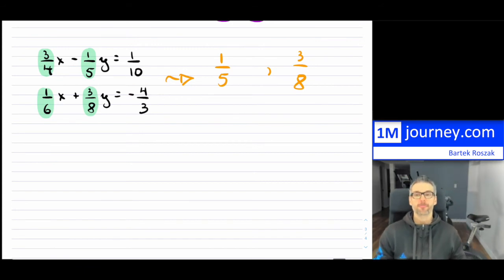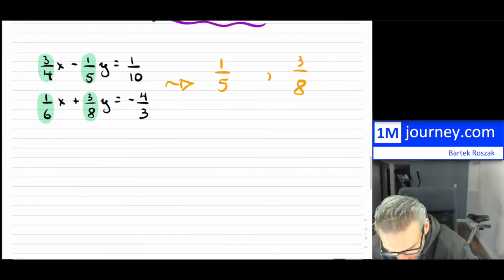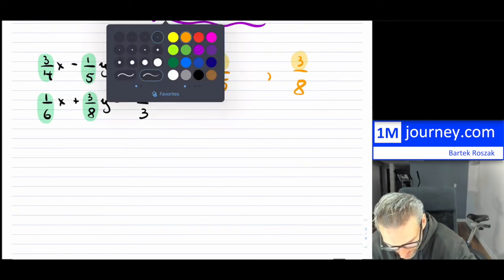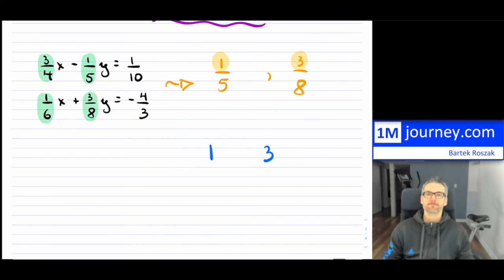If, for instance, you were working with integers, so let me separate this into 2 things. Let's imagine that I was working and those coefficients were only 1 and 3. So what would we have done? Well, we would have been basically trying to find the lowest common multiple between 1 and 3 so that we can eliminate it, just as we did with the integers.